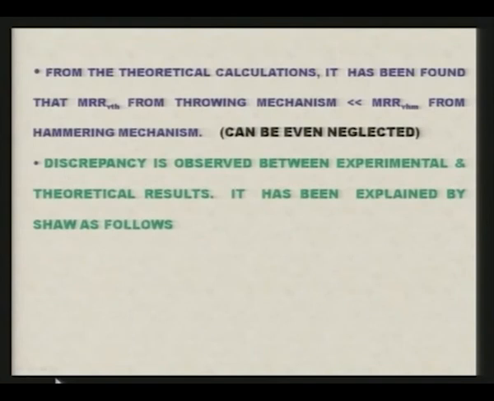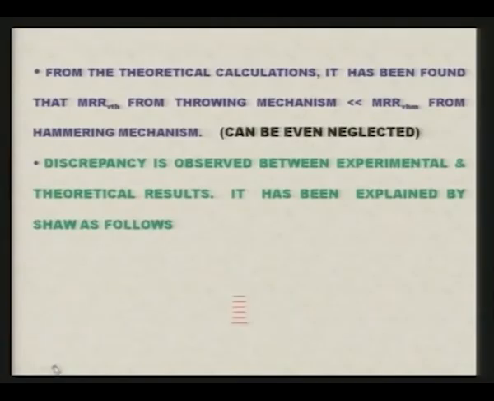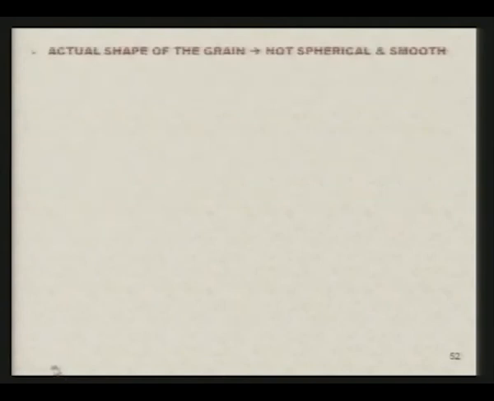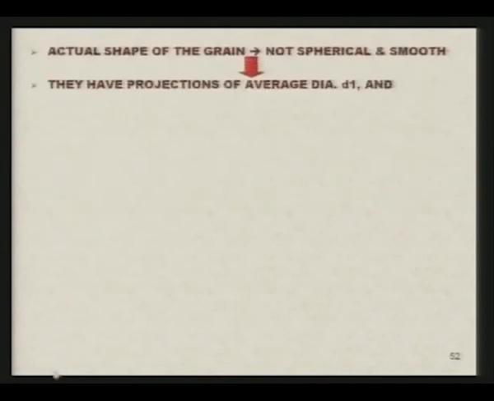Later on Professor Shaw tried to explain the discrepancies as follows. He considers that the actual shape of the grain is not spherical and not smooth either. I had mentioned this point earlier also.